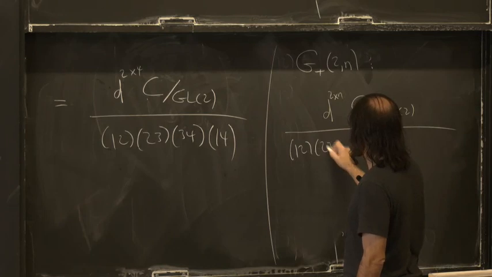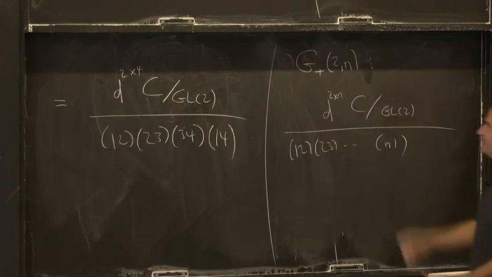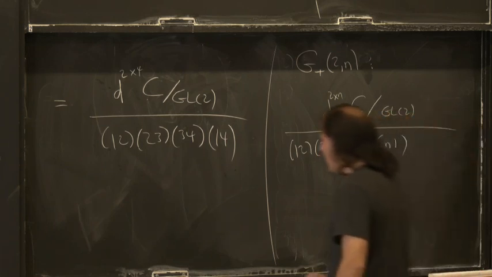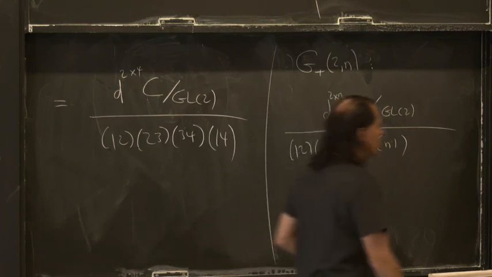1, 2, 2, 3, and 1. So if there is any such thing as the canonical form associated with the positive Grassmannian, this has to be the answer. Okay, so let's see how this works for G25, actually.